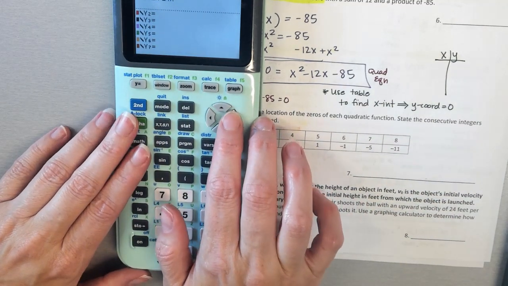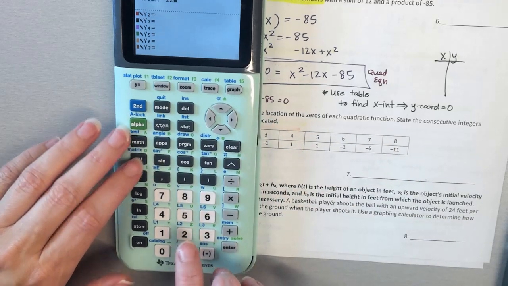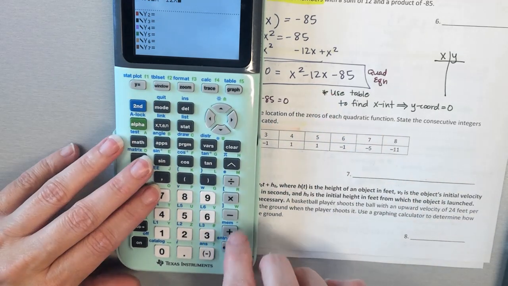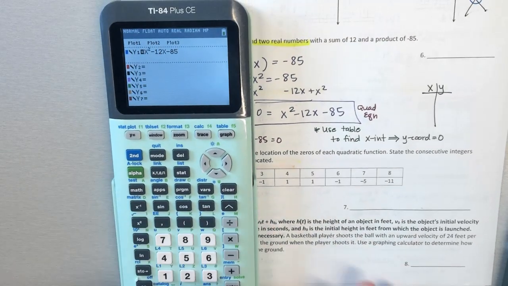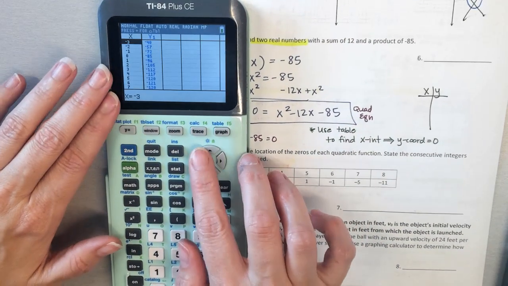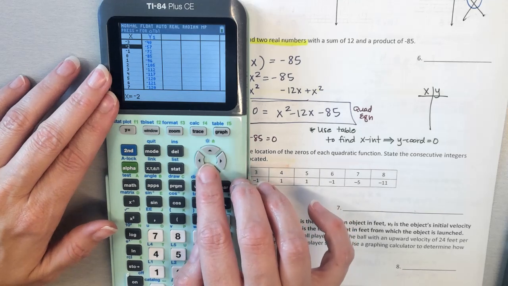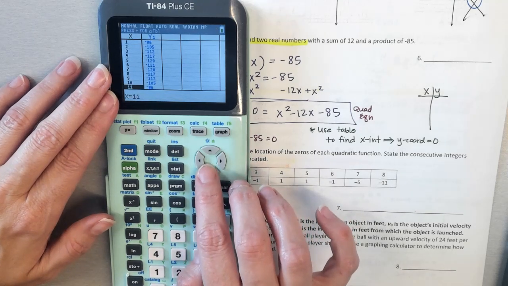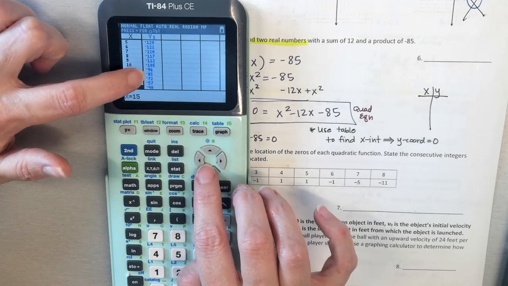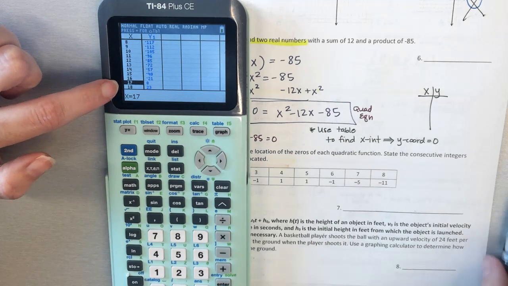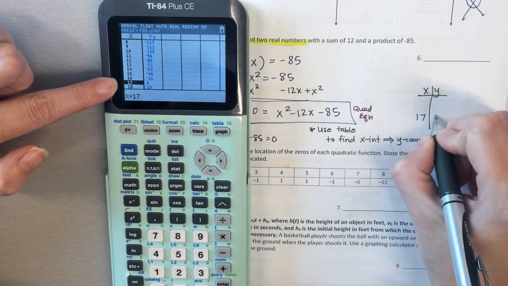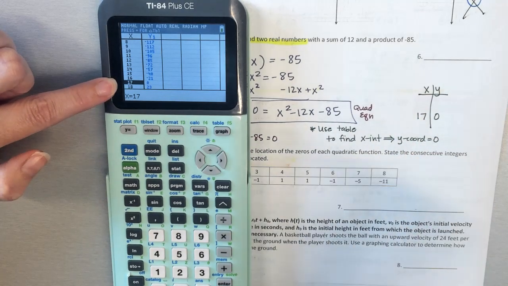So I'm going to substitute in x squared minus 12x minus 85 into my y equals. And then I'm just scrolling through my table and I'm looking for where y is 0. And look, do you see these numbers are getting closer and closer to 0? So I found one. So I have 17 and 0, and then I can scroll to find the other one.